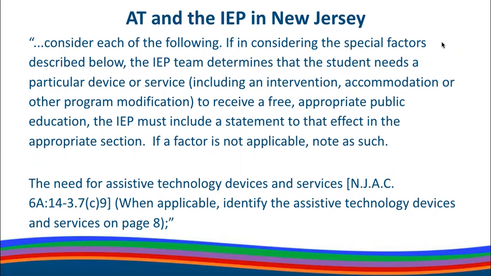If considering special factors described below, the IEP team determines that the student needs a particular device or service, including an intervention, accommodation, or other program modification, to receive a free appropriate public education, the IEP team must include a statement to the effect in the appropriate section. If a factor is applicable, note as such. This is something that is verbatim on the IEP, where we consider assistive technology within the state of New Jersey.